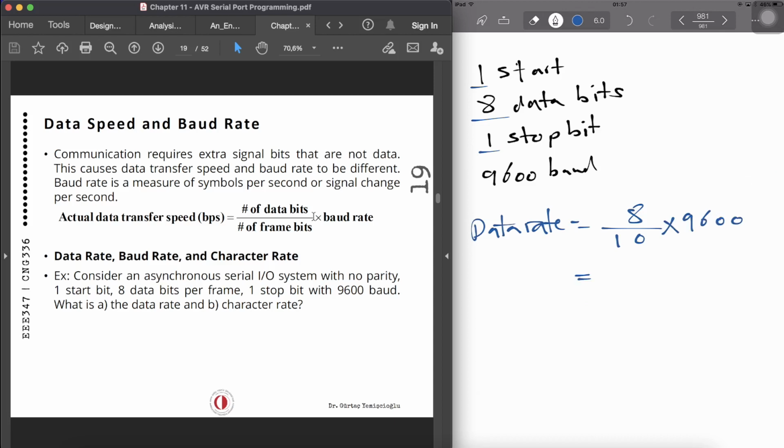This gives us 7680 bits per second. That's our data rate. This was part A. Now, to calculate the character rate, we know the baud rate is 9600, and we know that there are 10 bits in the frame.